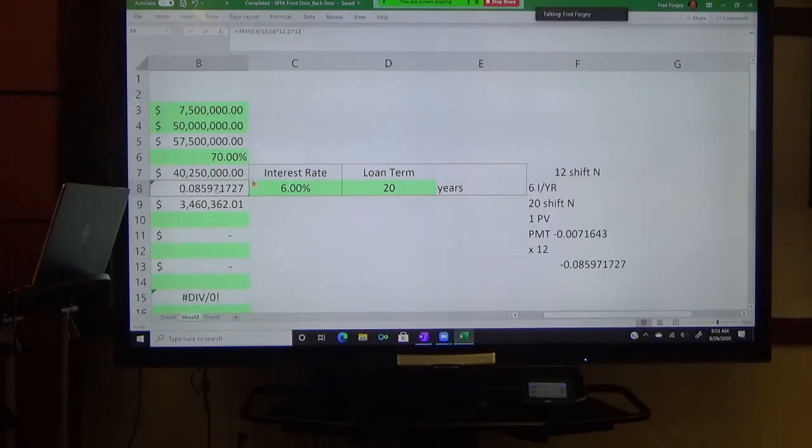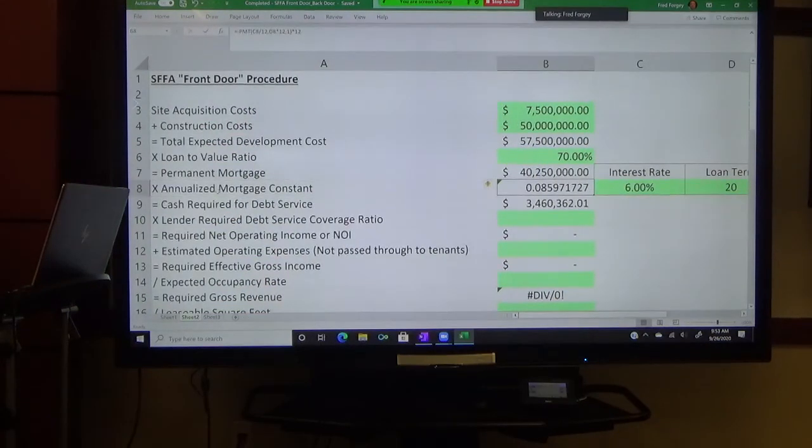Now, obviously, in Excel, if you look at the formula, it's simply the payment function, putting in $1 for your present value or loan amount. So that gives us our mortgage constant.